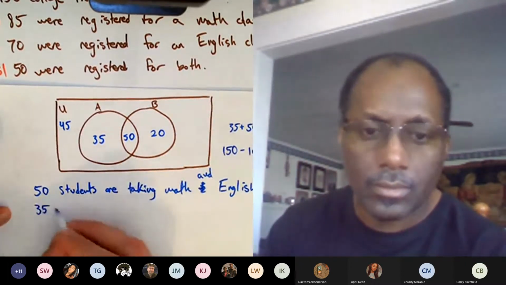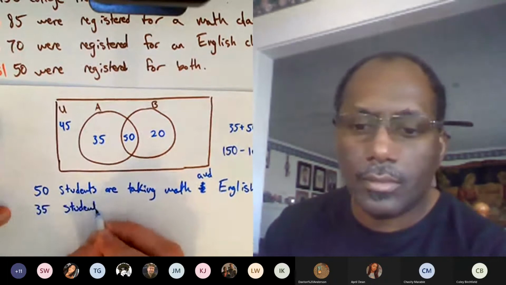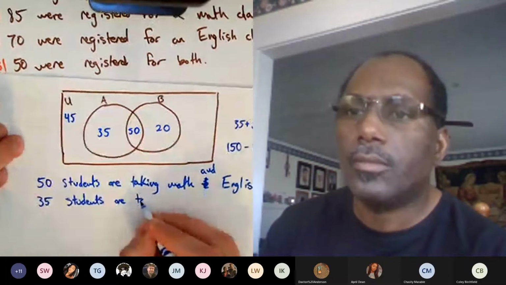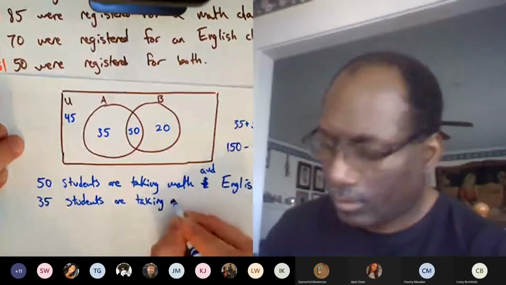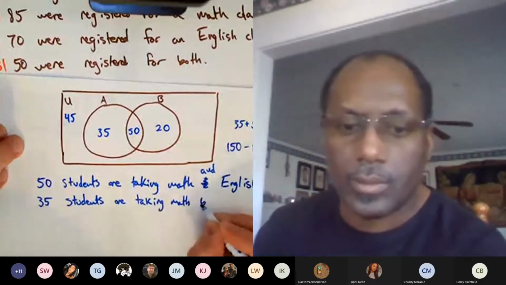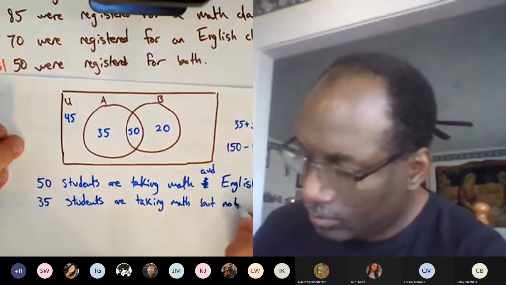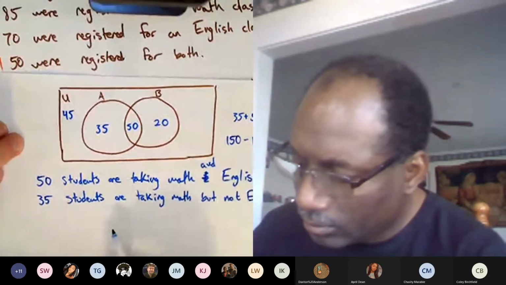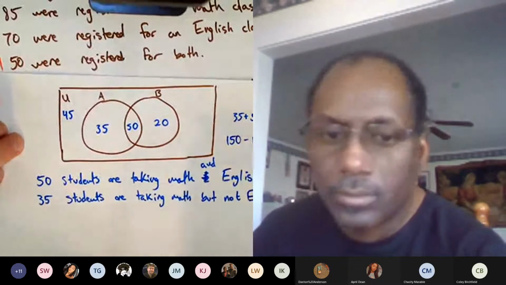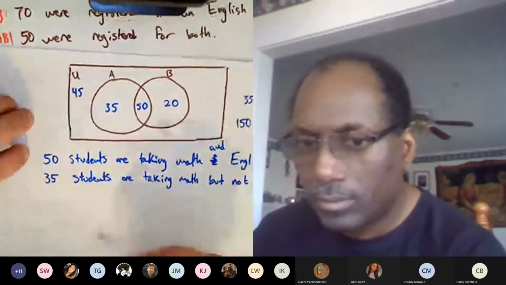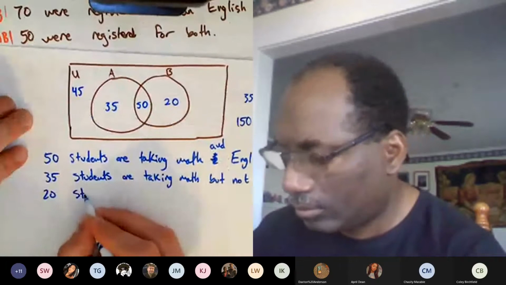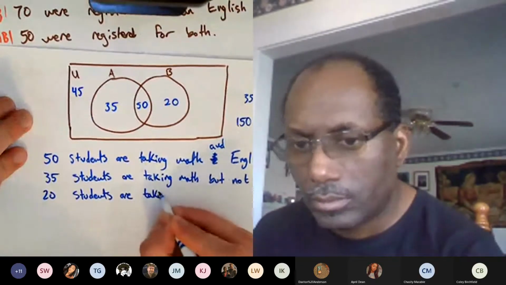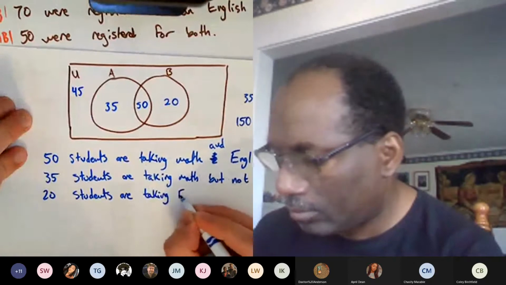All right, 35 students, how do I describe this chunk of A? 35 are taking, well, that's A is math, right? Are taking math, but not English. Another way to say that is 35 students are only taking math, or taking only math. 20 students are taking English.